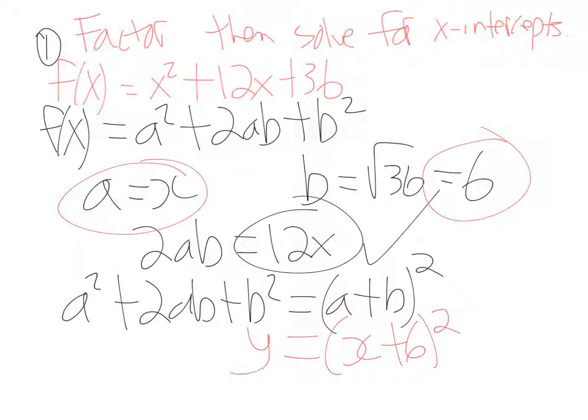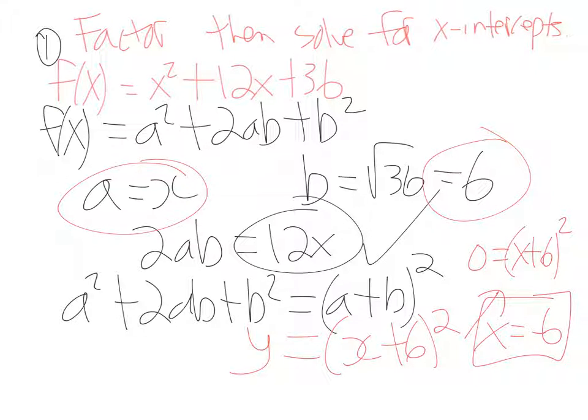Okay, and that's what y would equal. Now to solve that is actually quite easy. If I wanted to get the x-intercepts, I would have 0 equals x plus 6 squared. x would equal negative 6. And there's only one solution. So it's just that the vertex is sitting right on the x-axis.